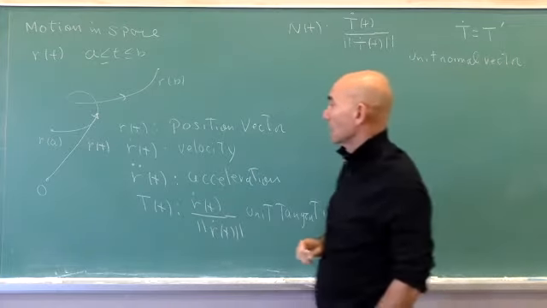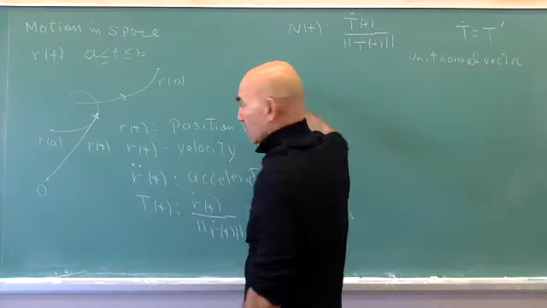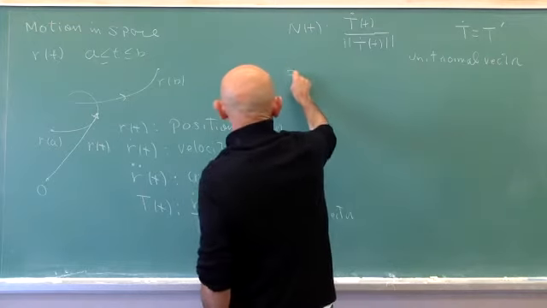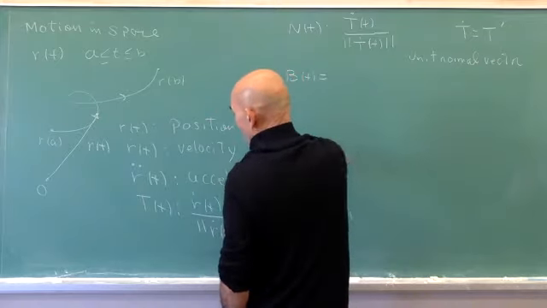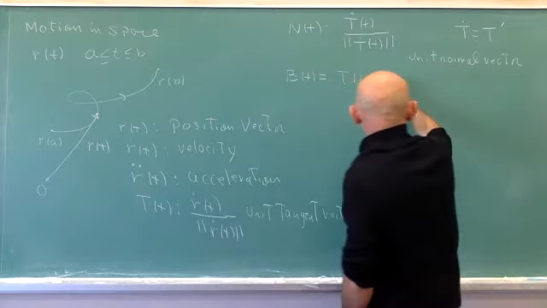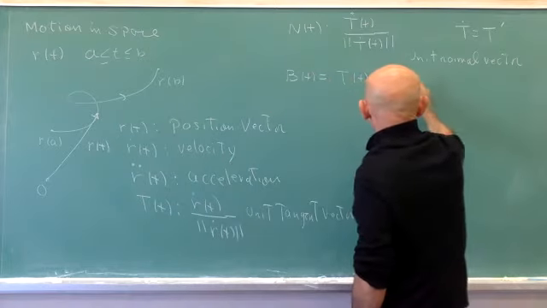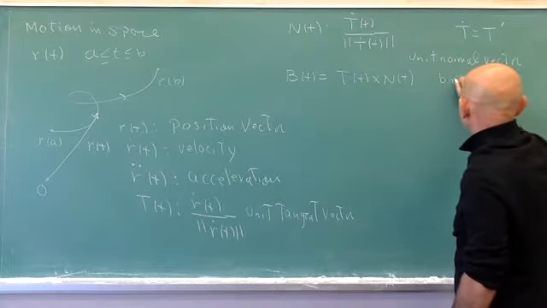And then we finally defined B of t, which is the cross product of the two. Remember, B of t is T of t cross N of t. This is called the binormal.